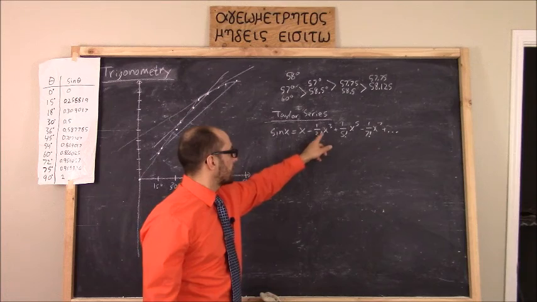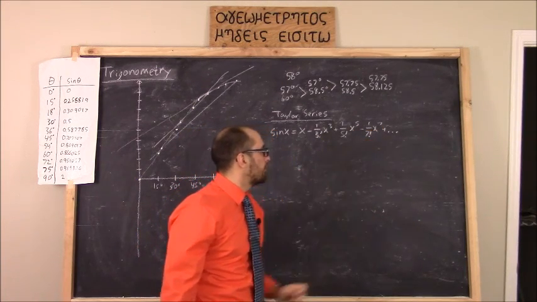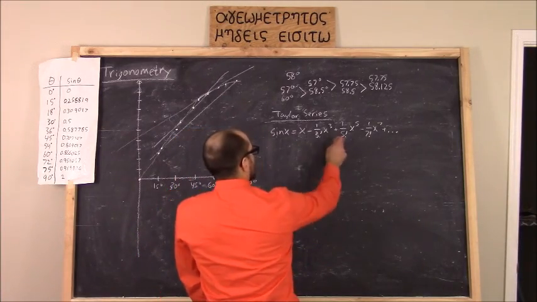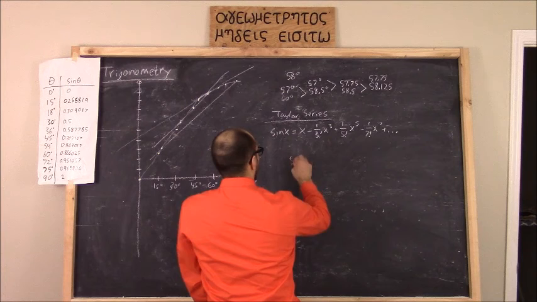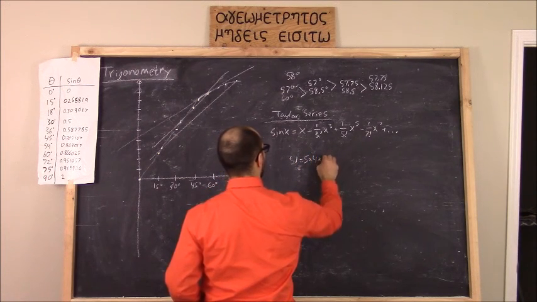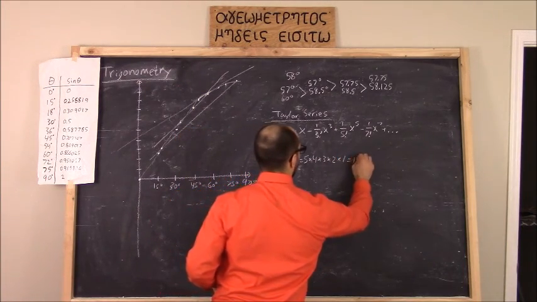So 3 factorial, 5 factorial, 7 factorial matches the power. Remember the factorial, example 5 factorial is equal to 5 times 4 times 3 times 2 times 1. In this case, that's 120.